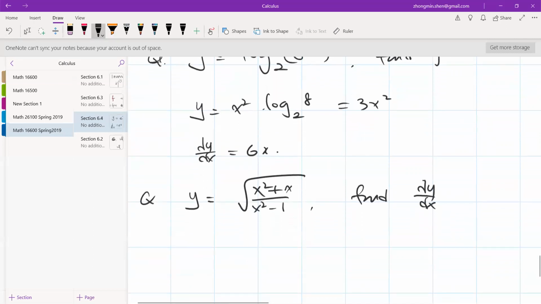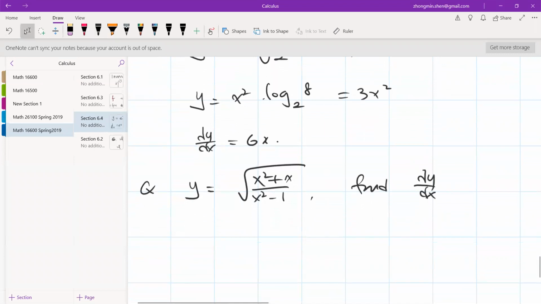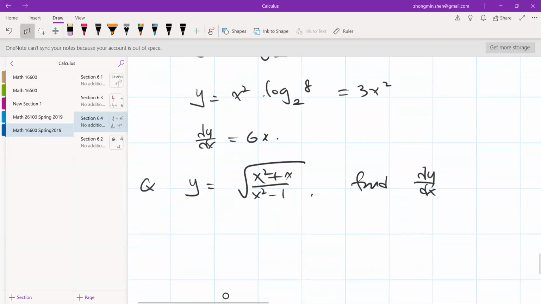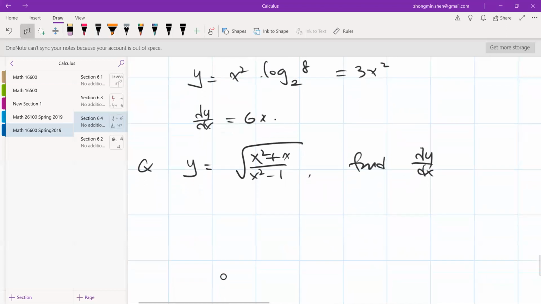Oh, this is complicated, right? What is the best way to solve the problem? You have to apply the chain rule. You have to use the quotient rule to find the derivative of the quotient. That takes too much time.